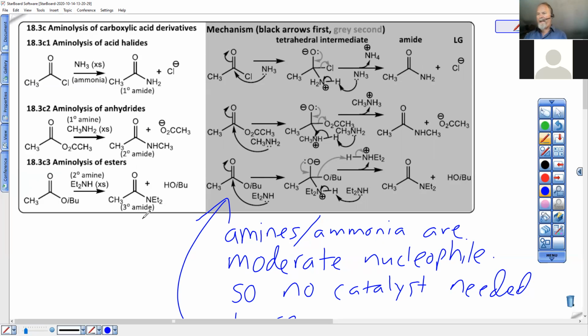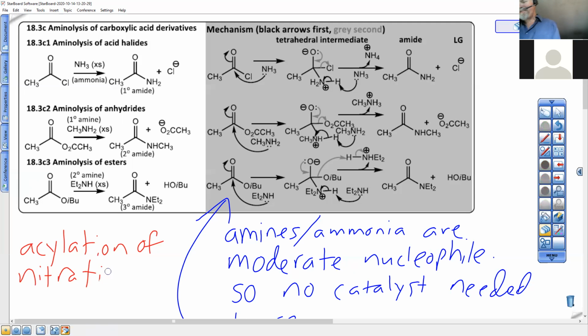What's the word for adding the carbonyl group again? Go back to the beginning of the lecture. You're adding this to the nitrogen. It's an acylation. That'd be another name for this type of reaction, right? Nitration. Nitrogen.